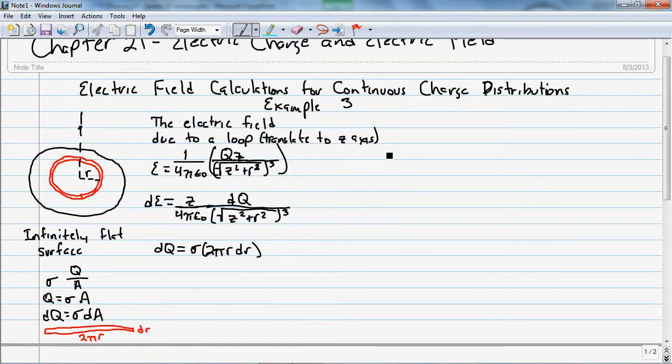So let's write my differential electric field over here, putting everything in that I know. I need to put that as z.